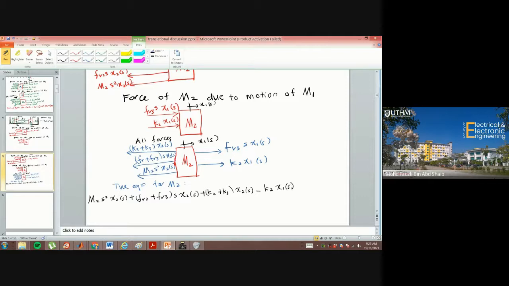Look at the right hand side: K2 X1S minus FV3 S X1S equals 0.